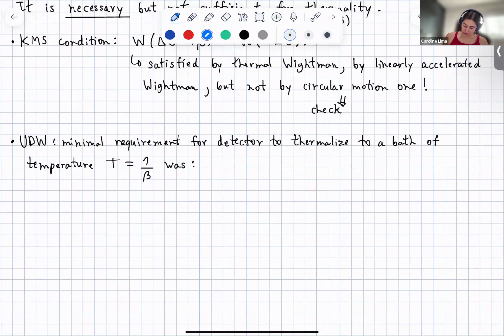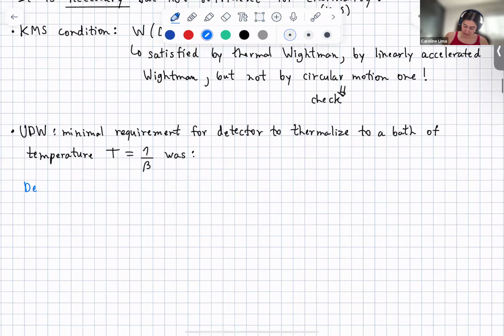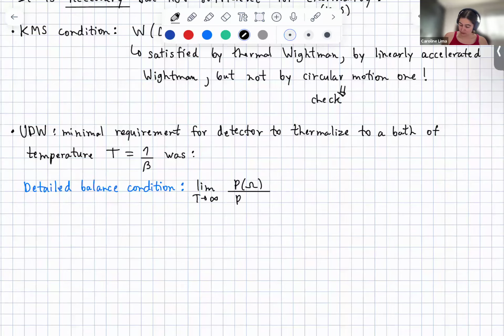So let me remind you, the detailed balance condition was the limit of T going to infinity of the probability of excitation over the probability of de-excitation in the adiabatic limit should be e to the minus beta omega. Okay?